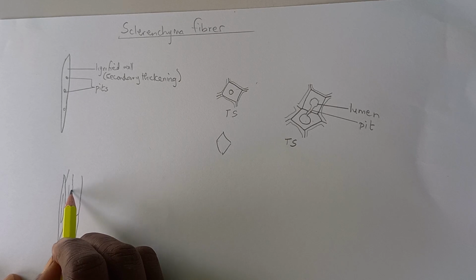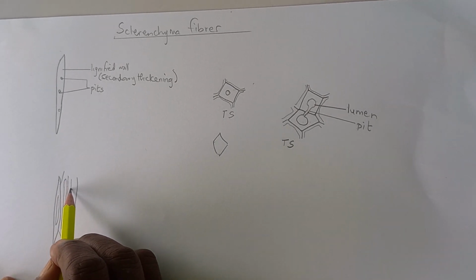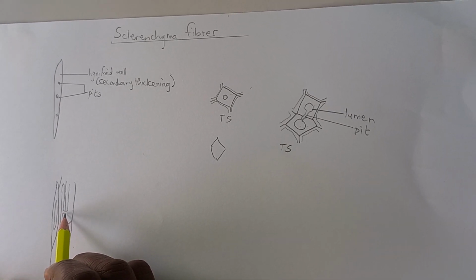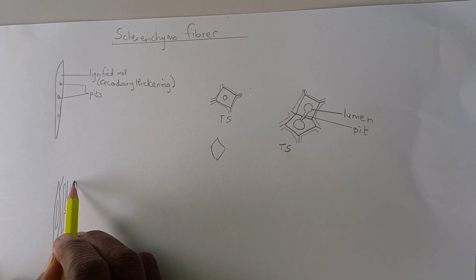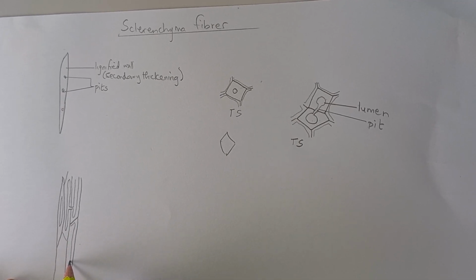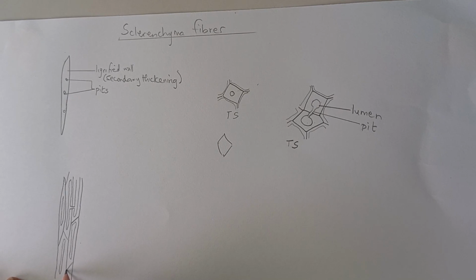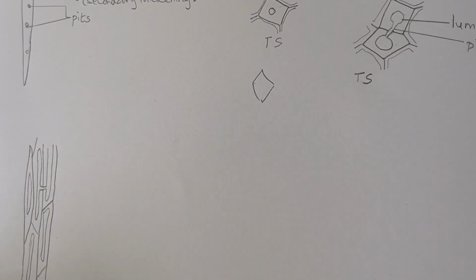So here is the pit. Here is the lumen for this one, and the pit, so we have the lumen and a lumen. So we have the cell wall.